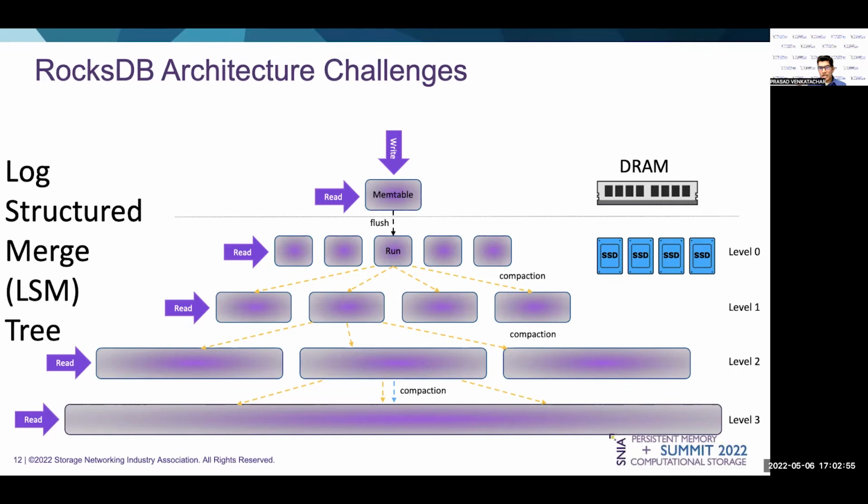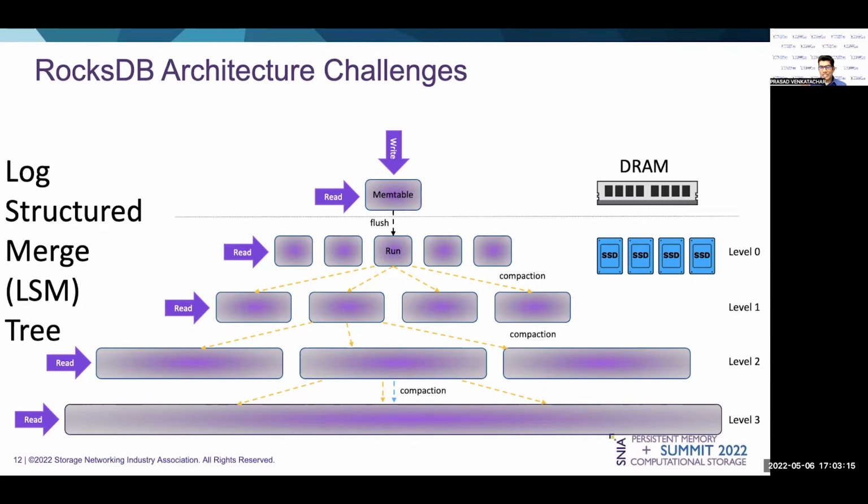And here it uses different levels of the storage pattern, from level 0 to level 3. As the data gets filled, it pushes that data to level 1, level 2, and level 3.